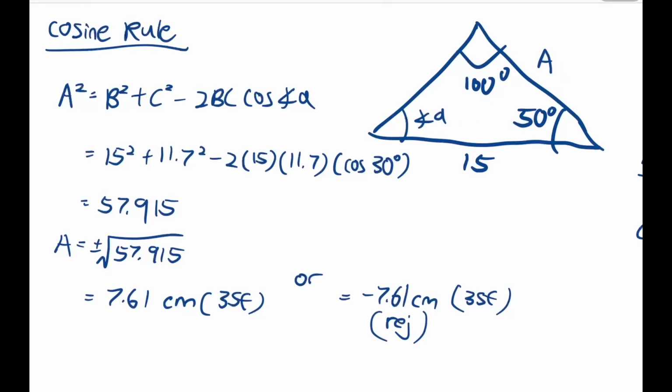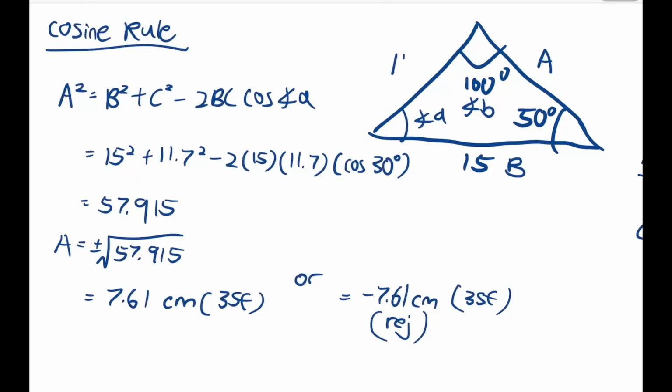Now with that, to find A, I'll use my cosine rule. I've actually chosen to have this as my length B and this as my angle B. So over here, B square.